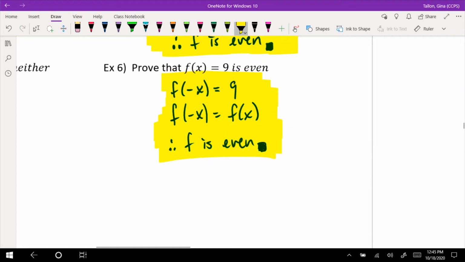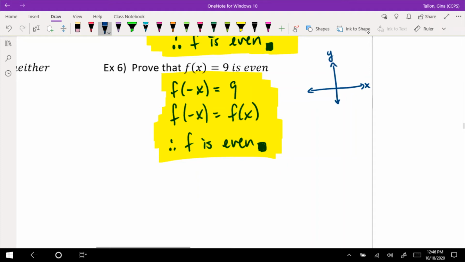And just to add a little something to this conversation, I know that the whole purpose of examples 1 through 6 here is to prove that a function is odd or even or neither analytically. But I just want you to get an idea graphically what this function looks like in particular. This is f of x equals 9, which means that this is my x-axis and this is my y-axis.